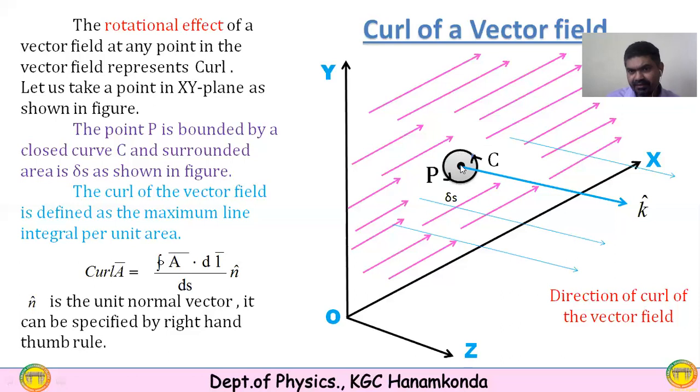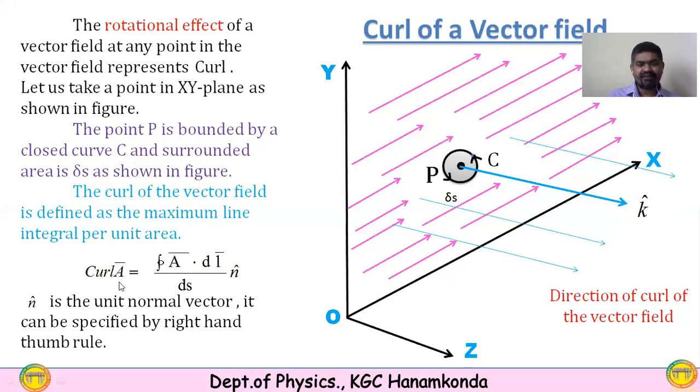Therefore, the generated curl field is along this direction. You see here, the direction of the curl of the vector field is along the z direction. The z axis direction is specified with the unit vector k cap. Therefore, the curl of a vector field gives us another vector field which is perpendicular to this vector field.